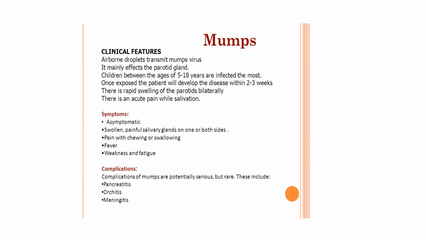Then in 60% of cases, it has been seen that the central nervous system is also involved, and here the CSF is involved, and 10% show symptoms of meningitis. It has been seen that mumps causes 10 to 15% of cases of aseptic meningitis.